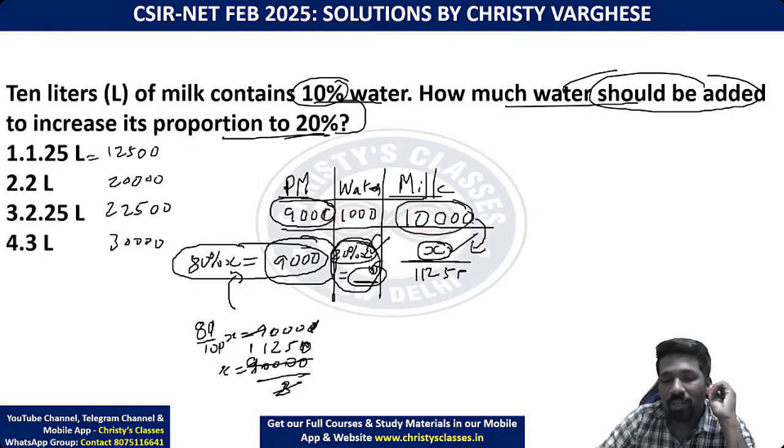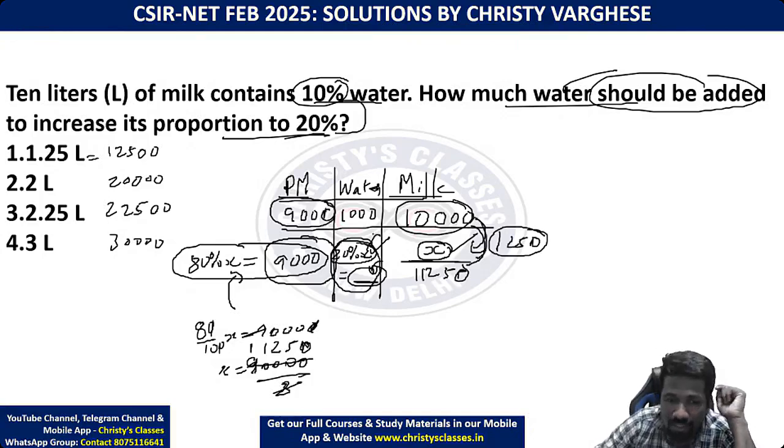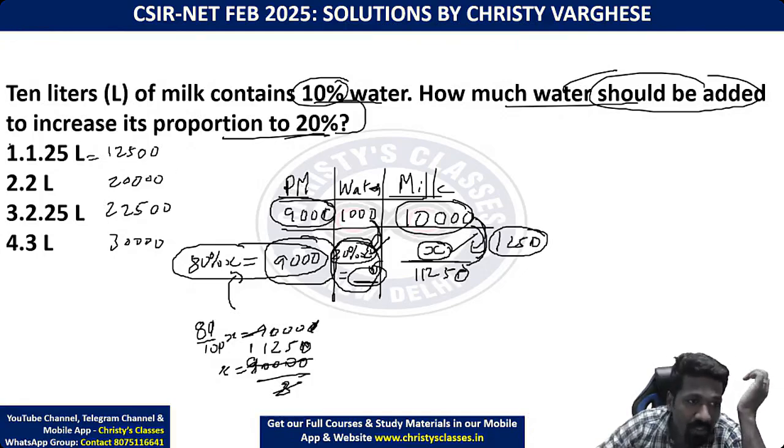It was 10,000 and now it is 11,250, so 1250 is the amount by which the total is increased. That means the increase in water is the same, 1250 milliliters, which is 1.25 liters. Are you understanding this?